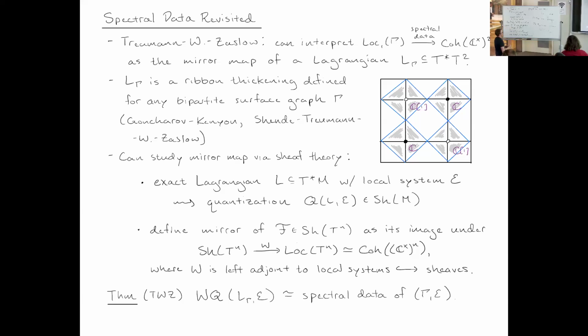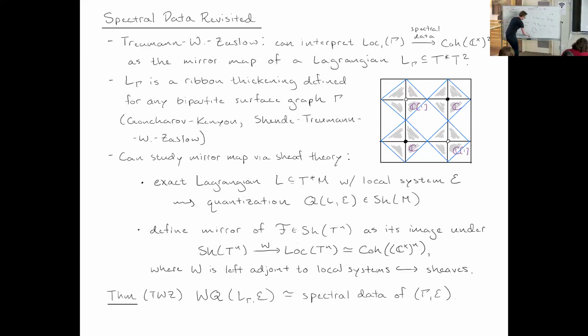But now what's happening is on the S1, as I stretch it out, nothing's changing in the middle of the picture, but eventually it starts to cover itself. What that means is that at the stalk at a point, I get lots of copies picked up, one copy for each element of the fundamental group.